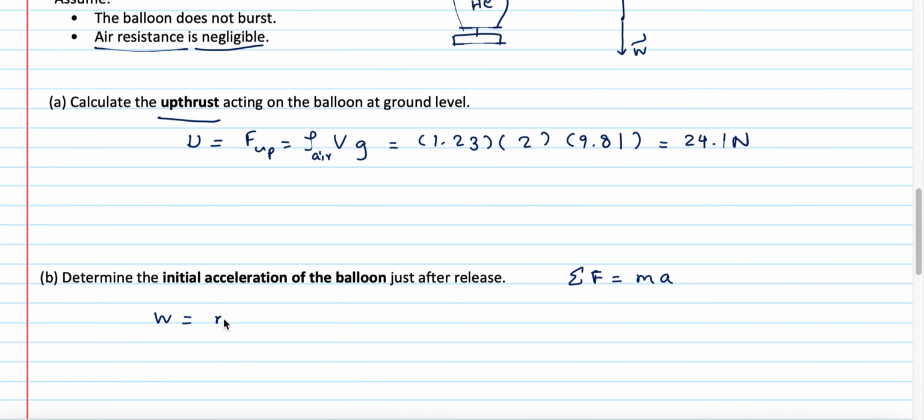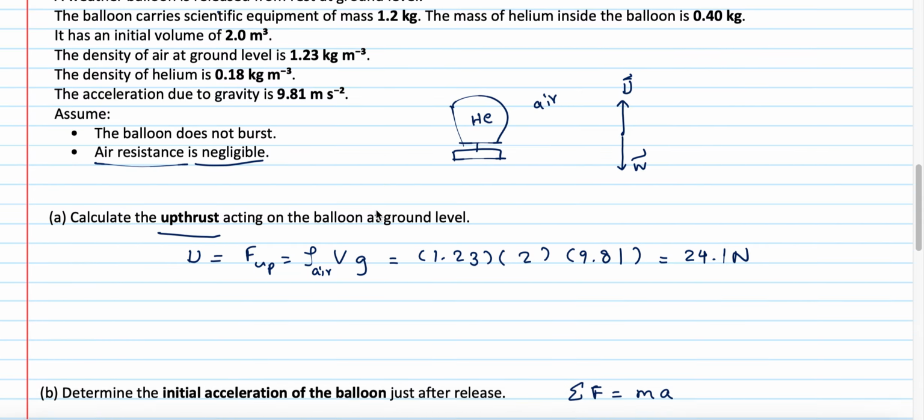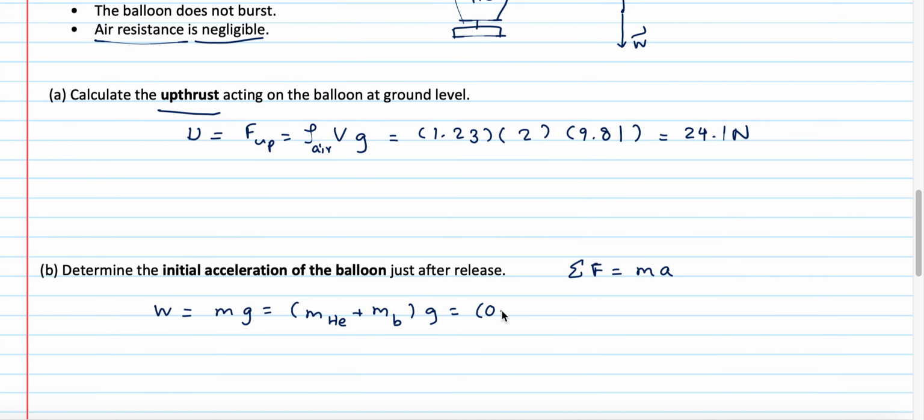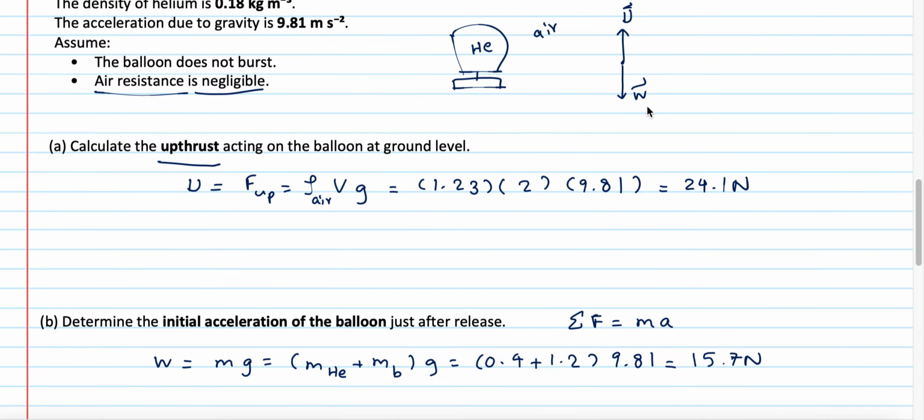So W is equal to mg, and here m is the mass of the helium gas and the mass of the balloon. The mass of helium is 0.4 and the mass of the equipment is 1.2. And here we'll get around 15.7 Newton. Okay, so we know the upthrust is greater than weight.